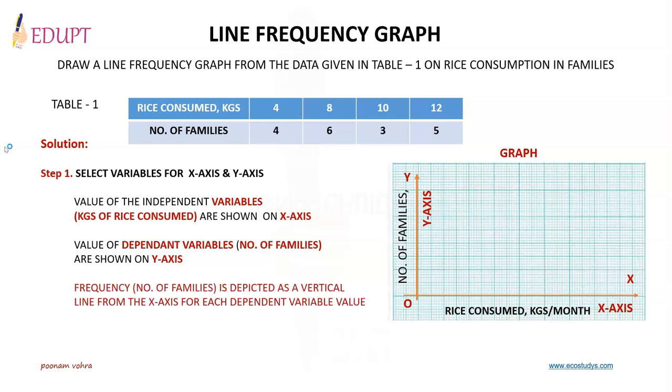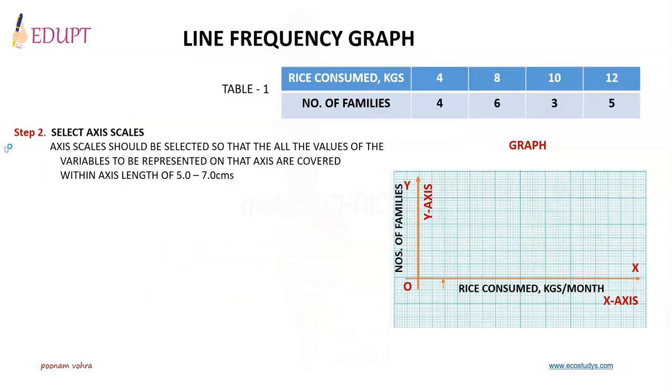Then frequency, that is the number of families, is depicted as a vertical line from the x-axis for each dependent variable value. Continuing further, then you need to select the scale. Axis scales should be selected so that all the values of variables to be represented on that axis are covered within the axis length of 5 to 7 centimeters.